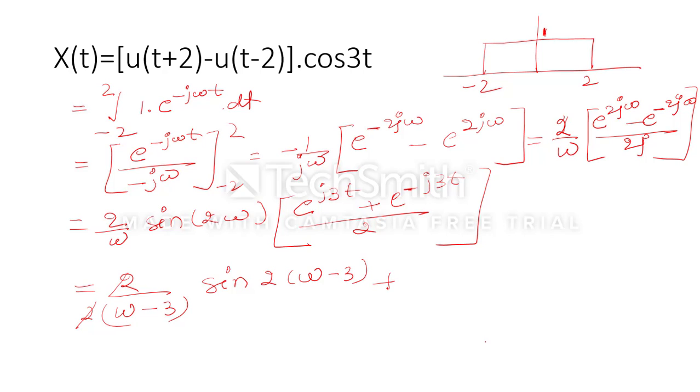It will be plus, when we multiply it here, sin 2(ω+3) upon (ω+3). So this will be the final answer.